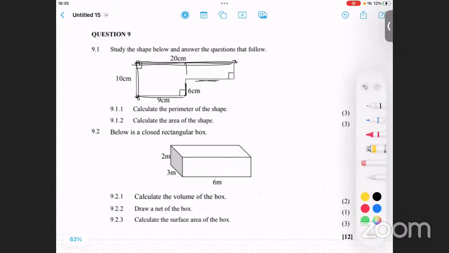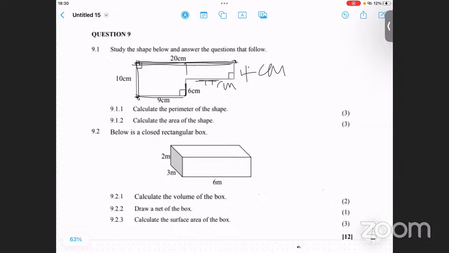And you see that both are rectangles. So you're going to use the formula of length times breadth to calculate the area of both these two shapes after cutting here. For the new shapes, it's going to be length times breadth plus length times breadth. For this first one, 10 centimeters multiplied by 9.